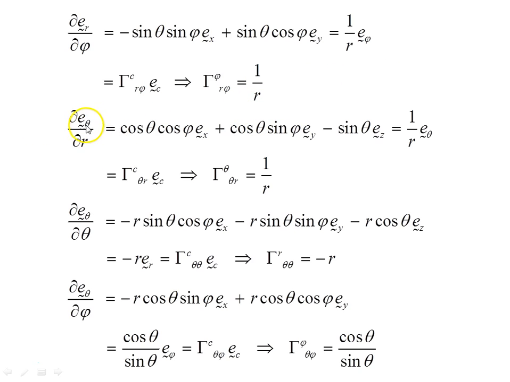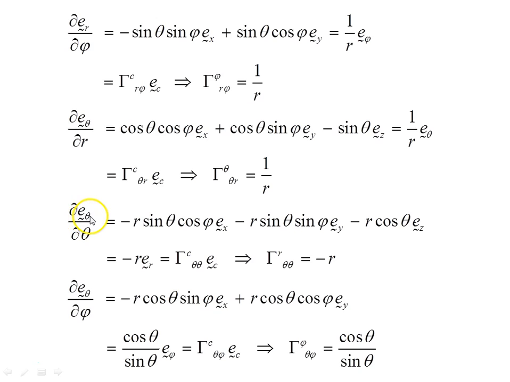Let's try now the basis vector in the theta direction and take the partial derivative with respect to the coordinate r, and we get this object here, and we find that's equal to 1 over r times e subscript theta. So that's equal to this object again, and so the subscript c there is equal to theta, and so this c up here must be theta as well. So gamma theta theta r is 1 over r.